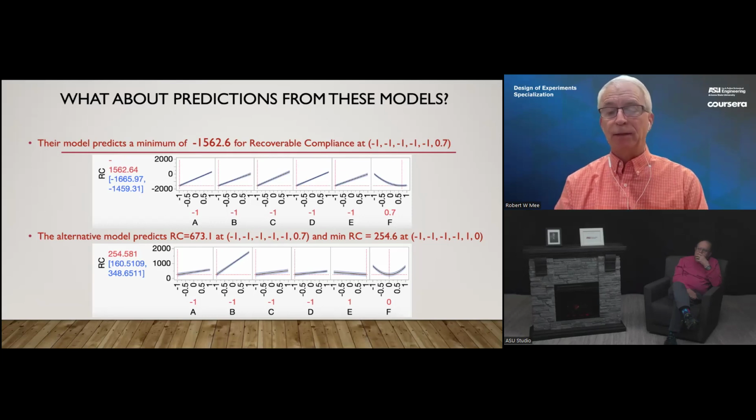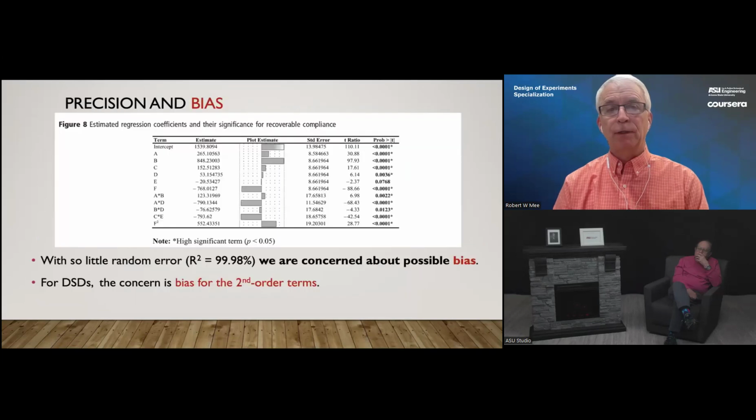So let's talk about what is a concern here. Our concern is not about precision. If we have an R squared of 99.98%, we're going to have small standard errors. We're going to have lots of statistically significant coefficients. When R squared is that large, the concern is about bias.